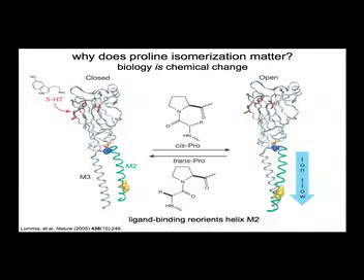So in the unbound position without serotonin, the proline sits in the trans conformation. When we bind serotonin, we switch from the trans to the cis conformation. That change precipitates a very large reorientation of that little green loopy structure, right?